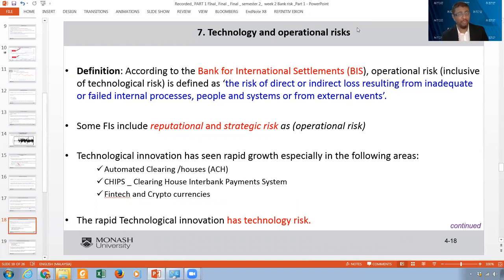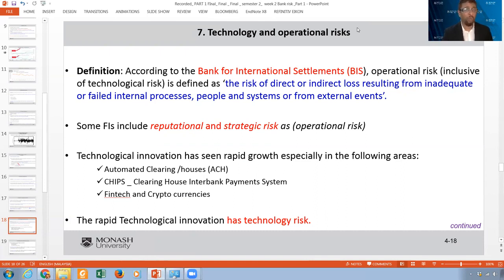You can have hacking, you can have bad systems where customers' accounts and data can be spoiled, stolen, whatever. Bad security, all those cybersecurity crimes. Sometimes you can invest huge amounts of capital in systems, but those systems become obsolete very fast, or you invest in the wrong technology, and this is where the losses come.